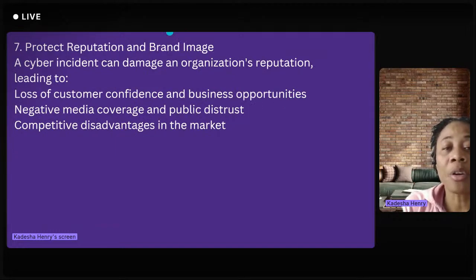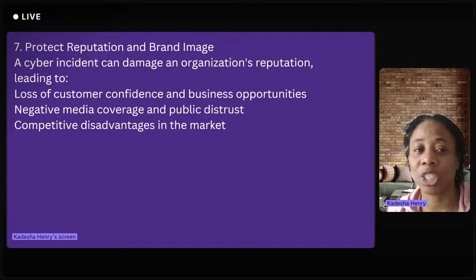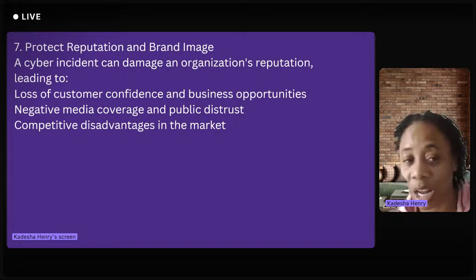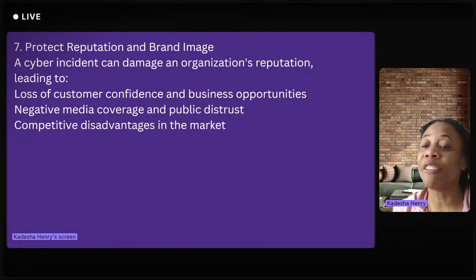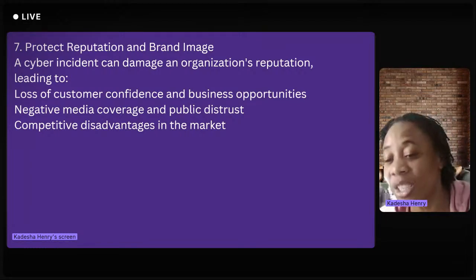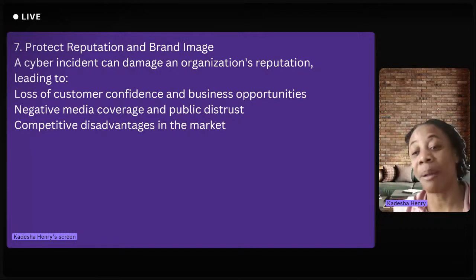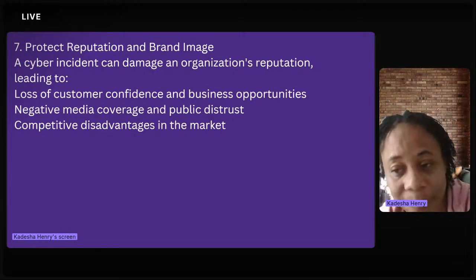And so another reason we need an incident response plan, protect your reputation and brand image. A cyber incident can damage your organization's reputation, leading to loss of customers. All right, customers' confidence in your business is lost. Negative media coverage and public distrust. Competitive advantage in the marketplace, because if you have a damaged reputation and a damaged brand, nobody's going to come to your company and do business.